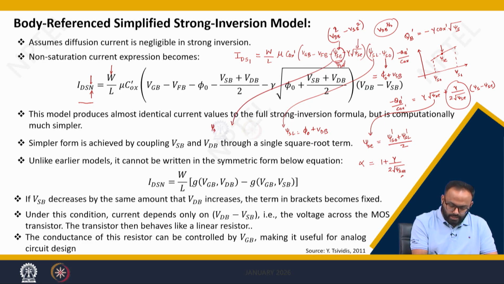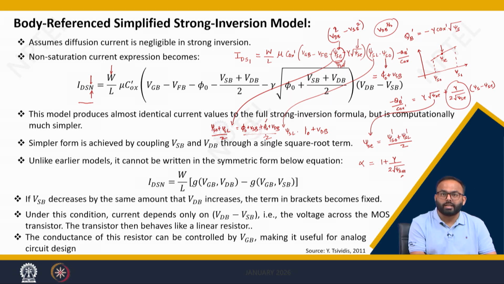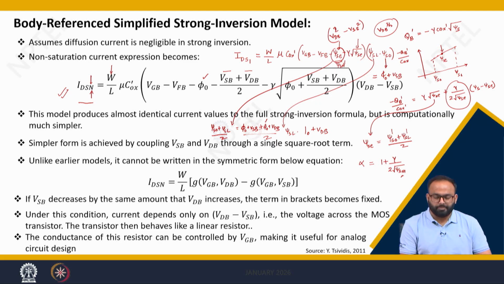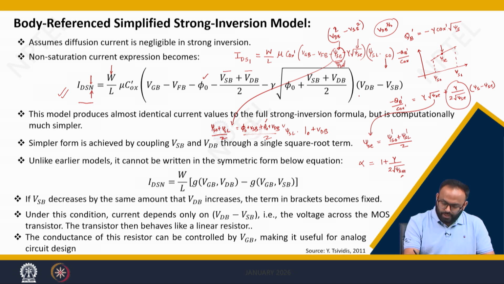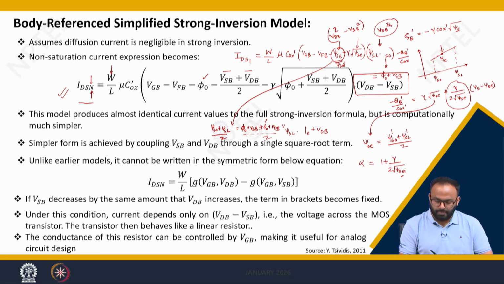It is psi s 0 plus psi s l divided by 2, which is nothing but phi naught plus VSB plus phi naught plus VDB divided by 2, and hence the 2 phi naught in the numerator gets cancelled with the 2 in the denominator, you will get minus phi naught, and the other term will be VSB plus VDB divided by 2, minus of this. So you can see this is a very simple equation of drain current, and there is another term coming up which is VDB minus VSB, because at the outside psi s l minus psi s 0 is given.